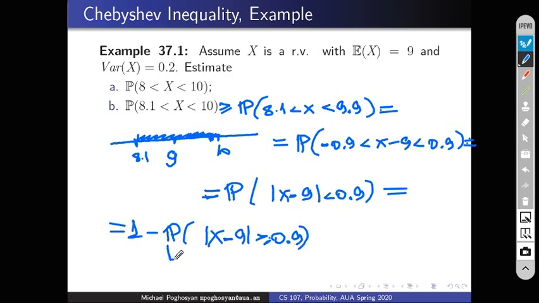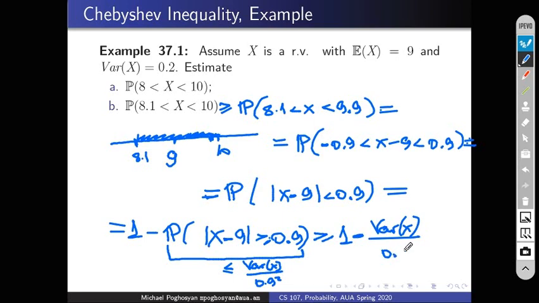Now I can use the Chebyshev inequality for this. The Chebyshev inequality says that this is less or equal than the variance of x over this squared, 0.9 squared. And because I have a minus sign here, this is larger or equal than 1 minus the variance of x over 0.9 squared.